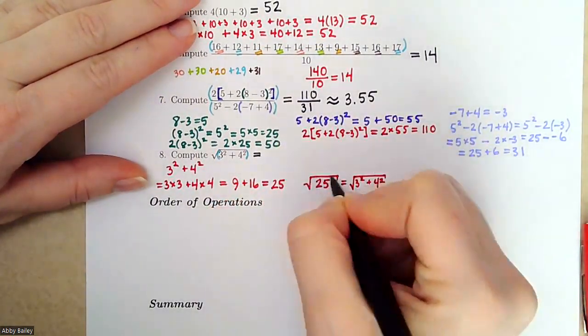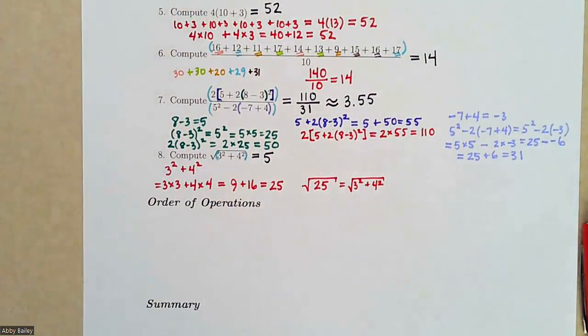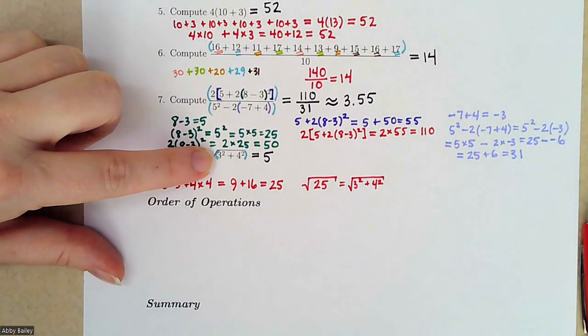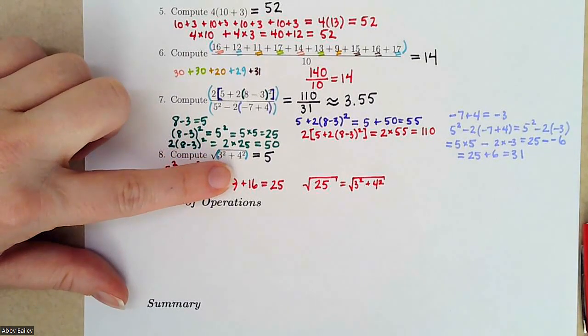So undo the square of this. The base was 5. 5 squared got us 25. So 5 is the square root of that. So just make sure you do everything under the square root before you take the square root because of those implied parentheses.